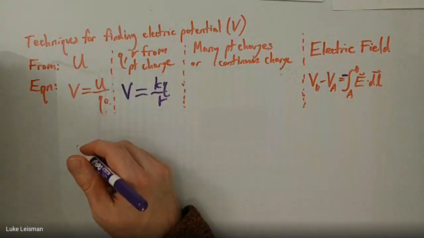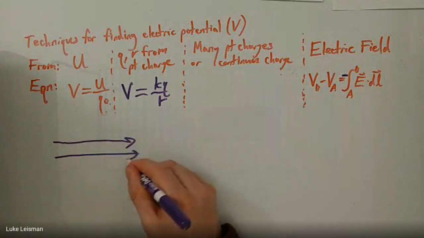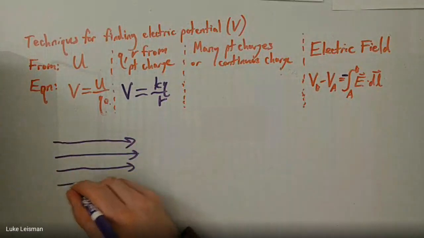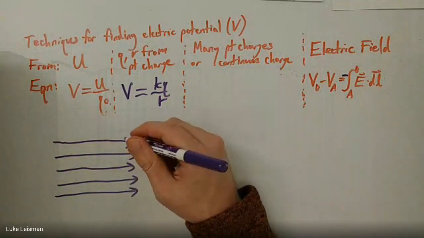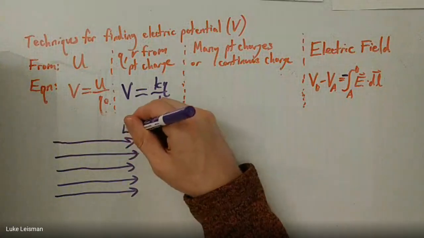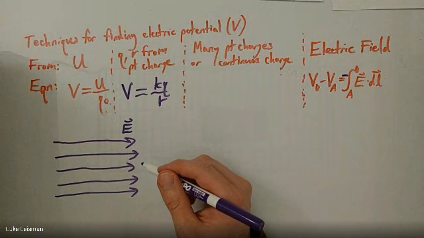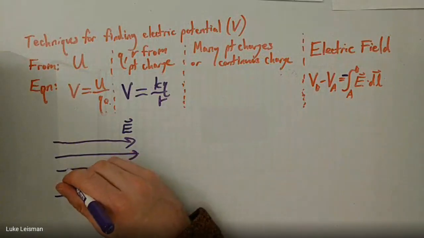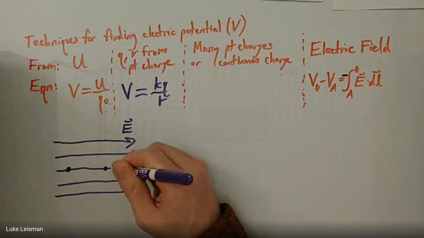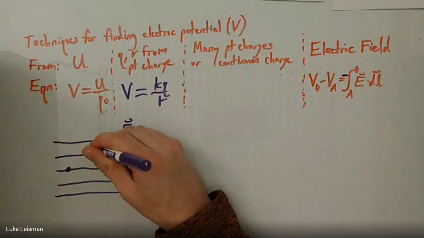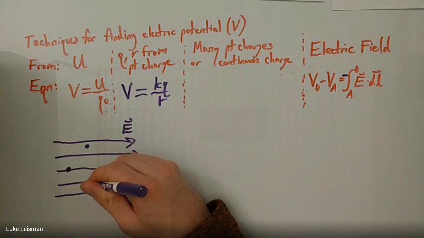So what I'd like to do is first think about some sort of uniform electric field. Let's draw a uniform electric field here. And I want to think about some different spots in this electric field. So let's think about a spot here, maybe a spot here, a spot here, and maybe a spot up here, and another spot maybe right down here.